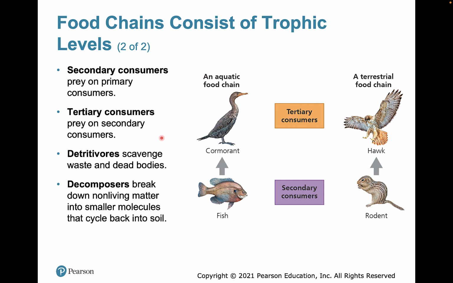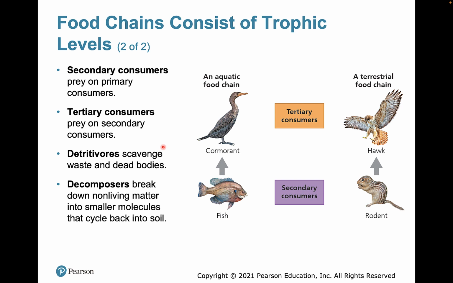All right. There are a couple organisms that aren't necessarily pictured in this chain. Detritivores, they scavenge waste and dead bodies. So in an aquatic food chain, you're talking about lampreys for the most part. Okay, sea lice in the deep ocean. And some of our terrestrial food chain detritivores are vultures, some of the biggest ones, vultures and crows.